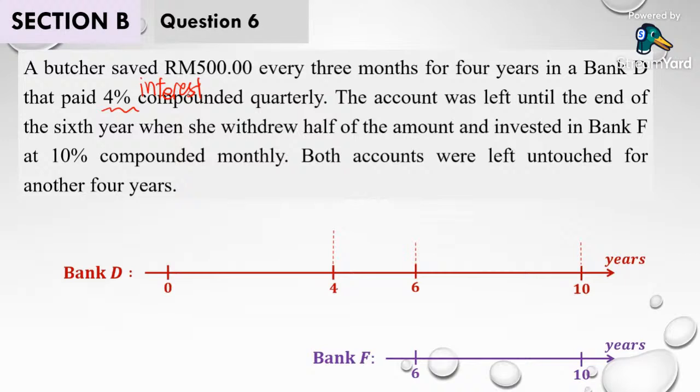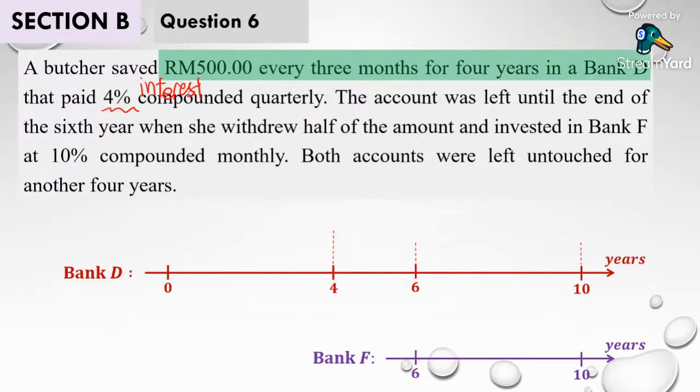Okay, so let us interpret the story slowly, sentence by sentence. We start with the very first part. The butcher saved 500 every 3 months for 4 years in Bank D. So this is what is happening. The butcher saved RM500 4 times a year in this Bank D, which you refer to the red color timeline. The regular saving ends at the end of the 4 years, because the question obviously tells us that the saving is only for 4 years.